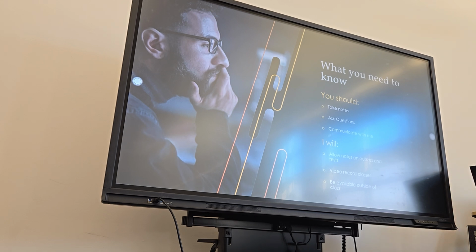Generally how it works is if I'm in my office, most of the time my door will be open. If the light is on and the door is closed, I'm on campus somewhere, but I may not be in my office. If the door is closed and the light is off, I'm off campus. But the phone number on the syllabus is my cell phone number.